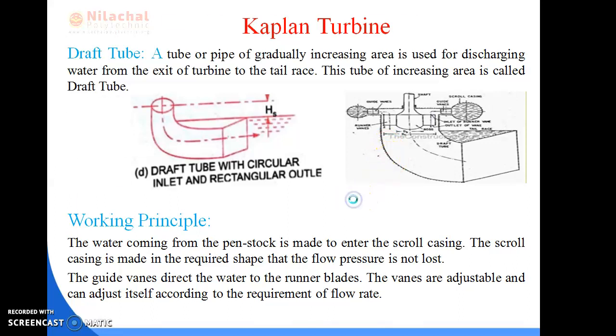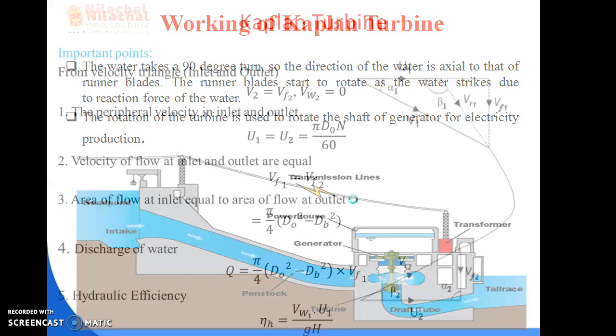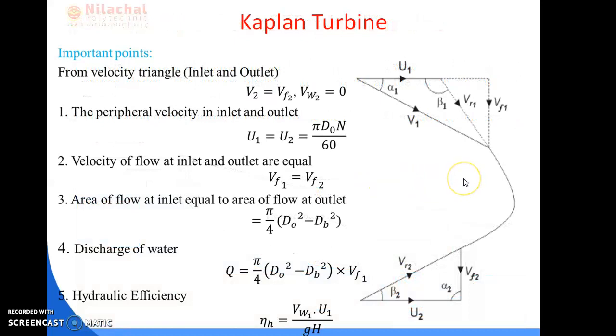As we have seen, in a Kaplan turbine the flow of water takes place in the axial direction, and the velocity of flow at inlet and outlet is equal: Vf1 is equal to Vf2. Depending upon the velocity of blade, velocity of water and relative velocity, we have to draw two velocity triangles at inlet and outlet.